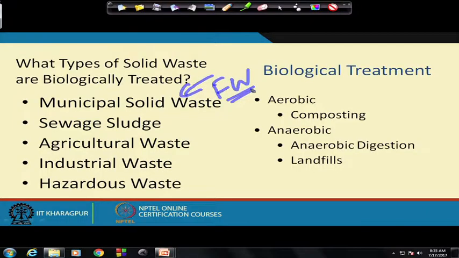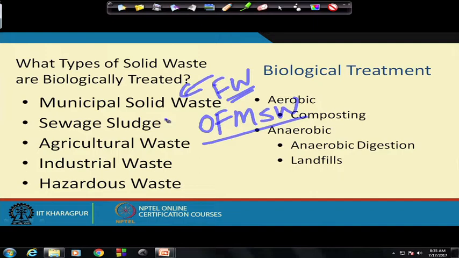Coming back here, municipal solid waste, food waste especially, and sometimes you also hear a term like organic fraction of municipal solid waste, OFMSW. That term is also used for doing biological treatment.